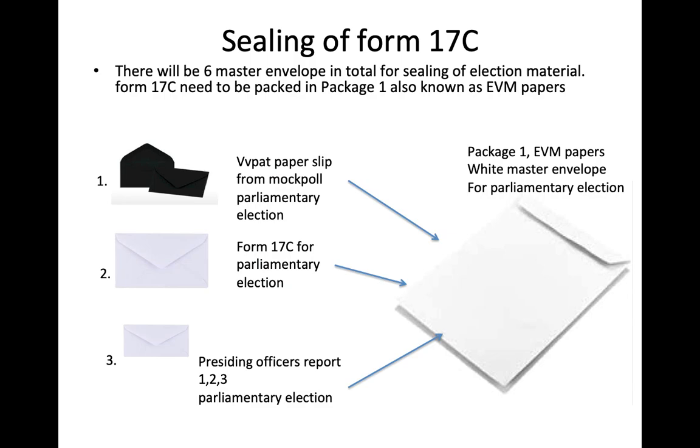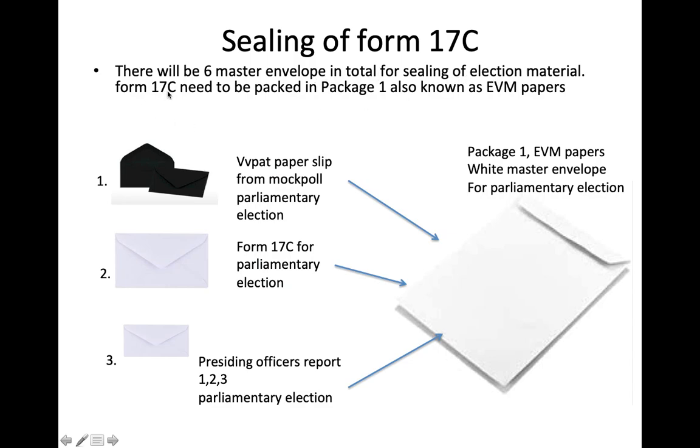So, while sealing the election material at the end of the poll, you have to seal all the election materials, all the reports, the stationery used, the certificates made, the appointment letter, the seats, everything. There are a total of six master envelopes where you will be sealing and packing different materials, for sealing of election material after the end of poll.